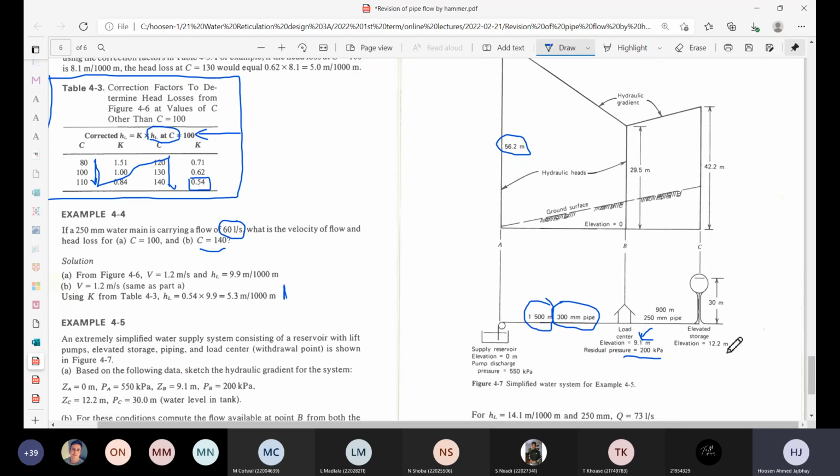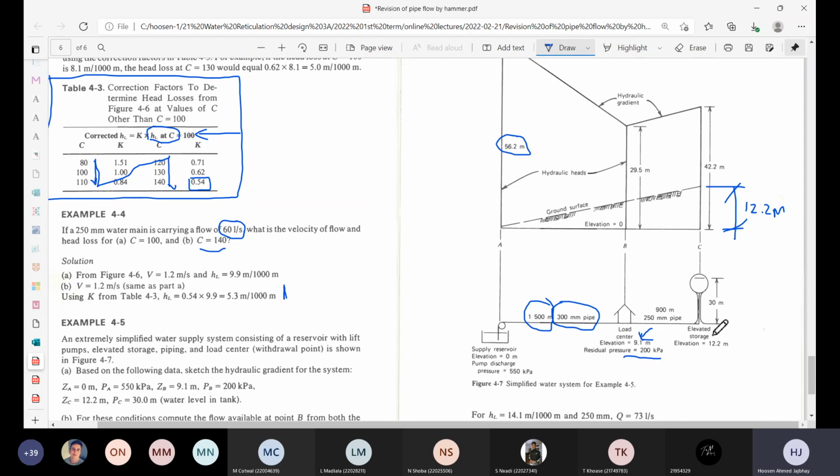There's an elevated storage tower at point C. The ground level at point C is given to you as 12.2 meters. So that's what it's telling you, and it will help you to draw this into the sketch.